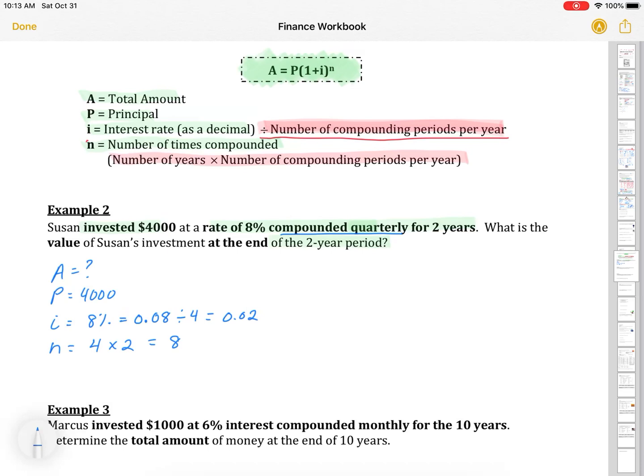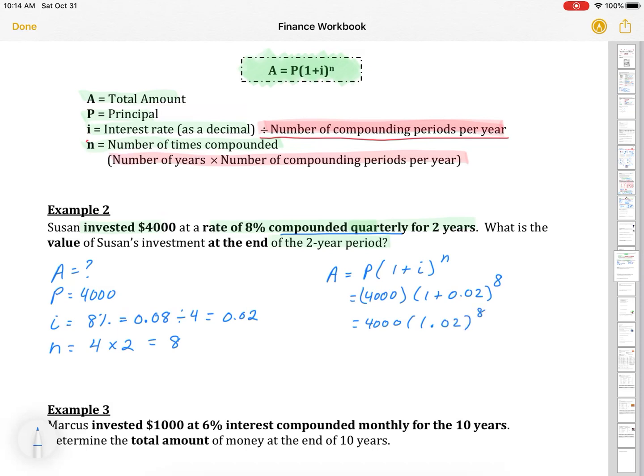We're going to put it in our formula. A is equal to P, 1 plus i to the n. So 4,000, we know that, times 1 plus 0.02 to the 8. Okay? 4,000 times 1.02 to the power of 8.